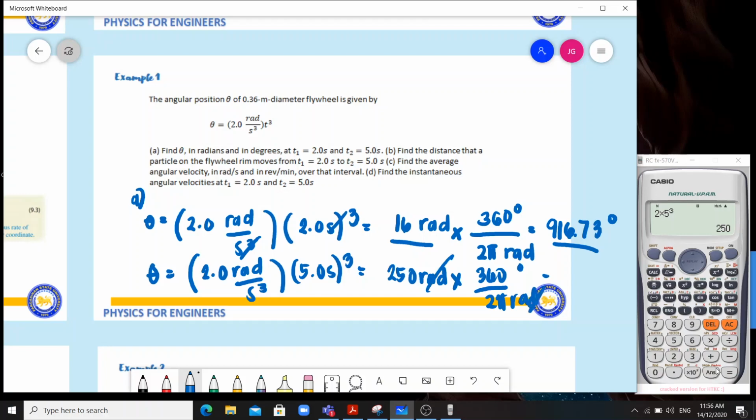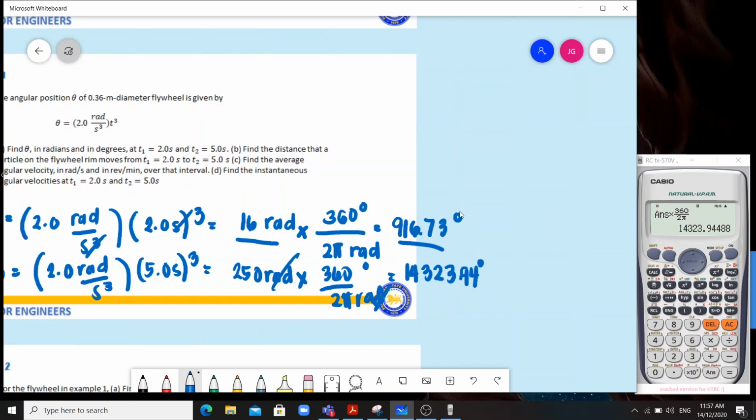The rad cancel, so 250 times 360 over 2 pi, which is equivalent to 14,323.94 degrees.